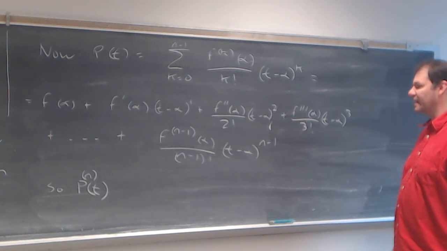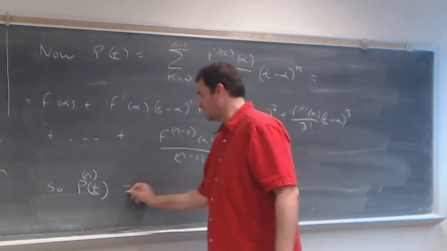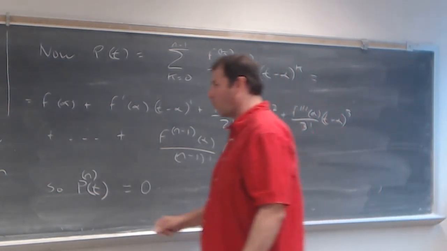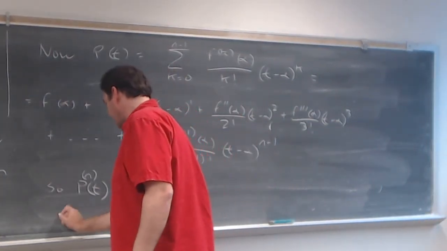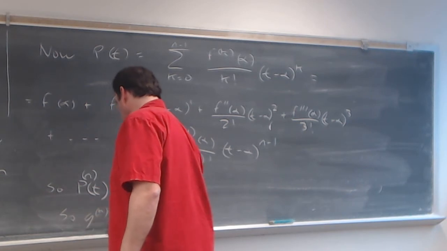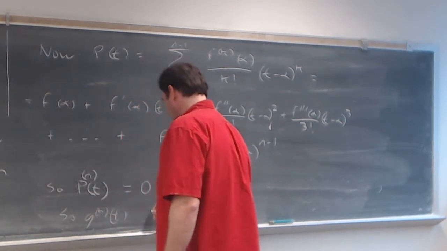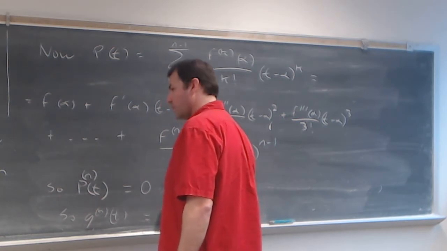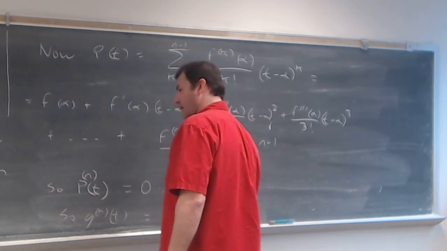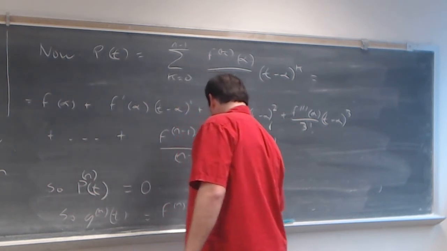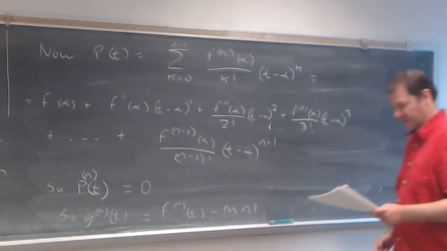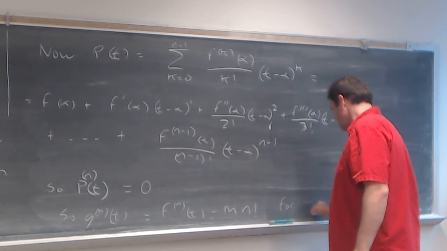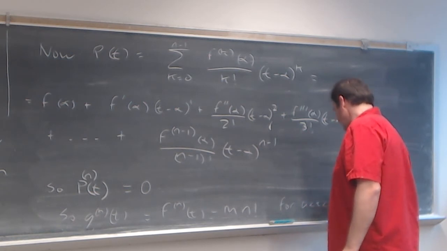And so when you take the nth derivative of it, you're going to get 0. That's what's going to happen. So based on what we said before, when we take the nth derivative of g and evaluate it at t, that's going to yield really the nth derivative of f evaluated at t minus m times n factorial. That's great. And here we're thinking for a being less than t being less than b.